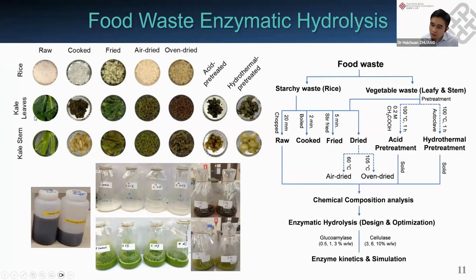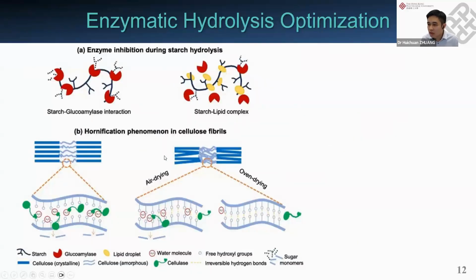We use kale leaves and kale stem to represent different forms of cellulose or native cellulosic material in our food. We also try different cooking ways: we steam cook, and we also fry those materials. Then we use different pretreatment methods to test those different foods.